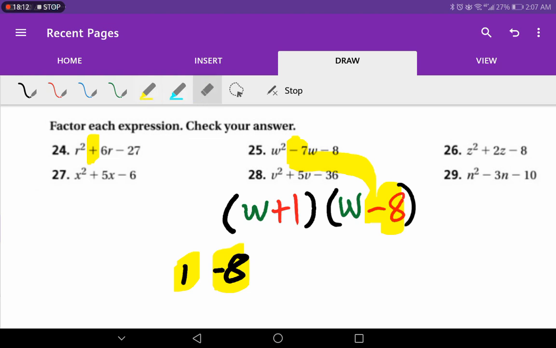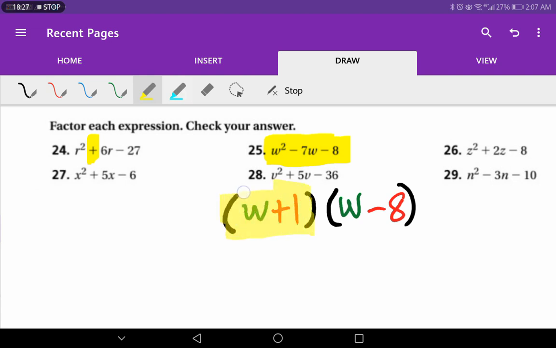Okay, actually you have to understand this. If this quadratic trinomial represents the area of any rectangle, this represents the length and this represents the width.